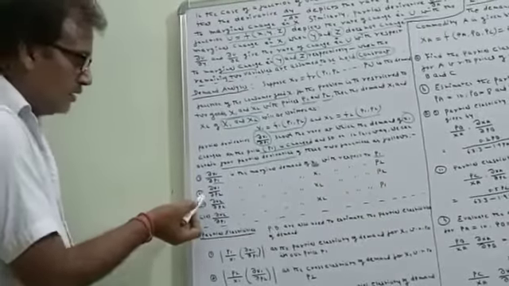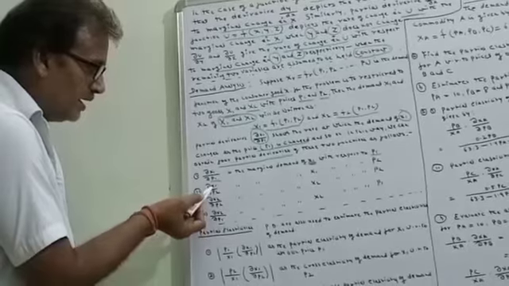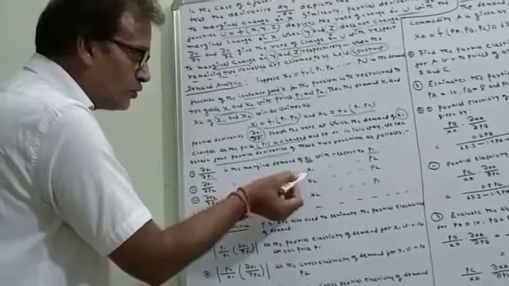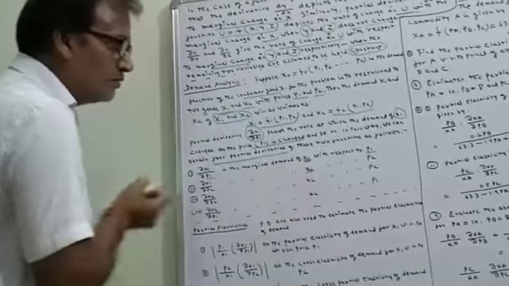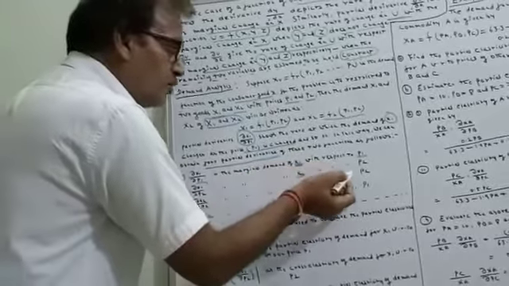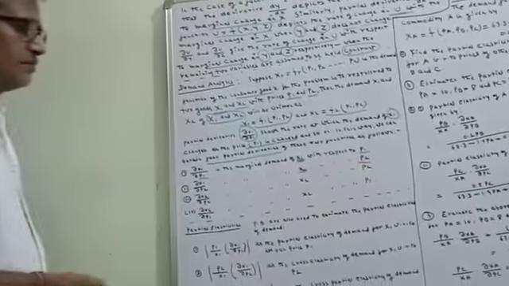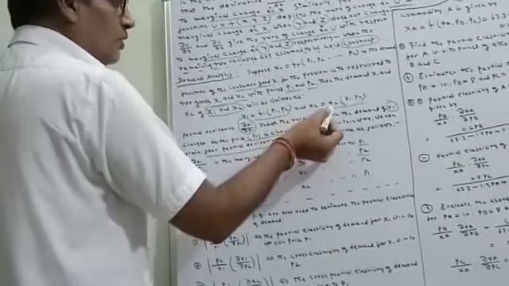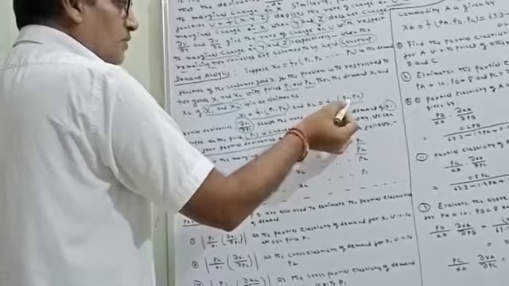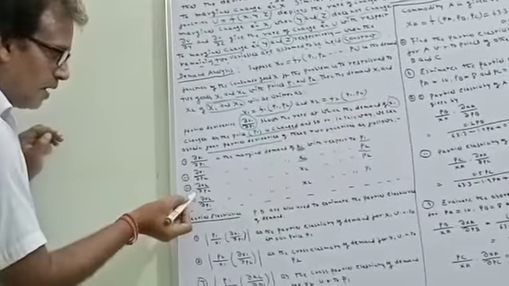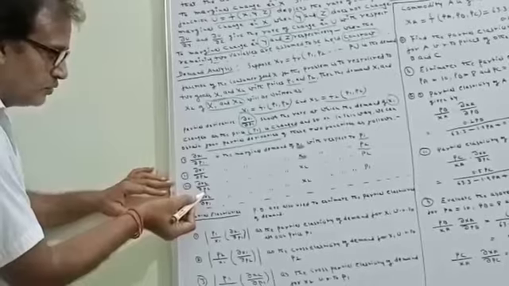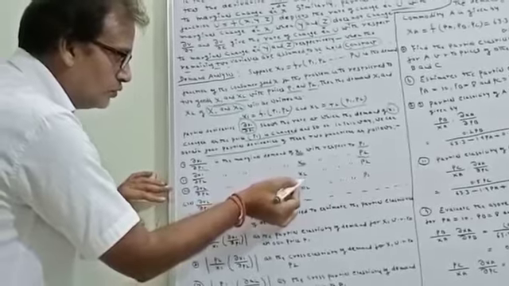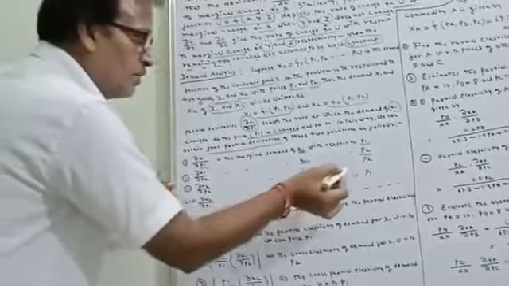Similarly, del x1 by del p2 is the marginal demand of x1 with respect to p2, and for the next function x2 equal to f2 of p1 p2, del x2 with respect to p2 is the marginal demand of x2 with respect to p2.